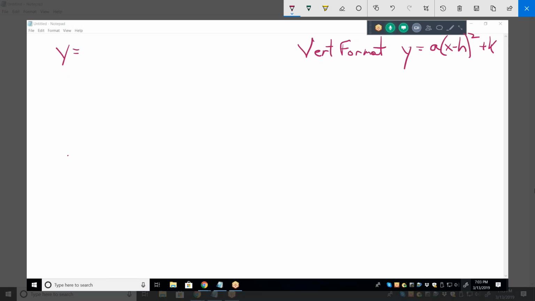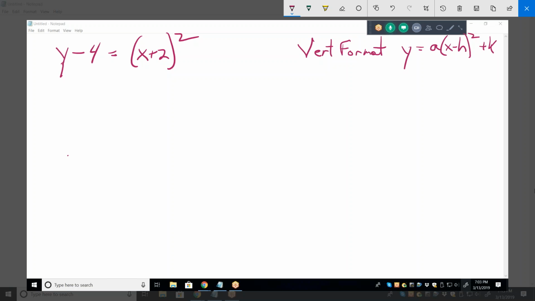Alright, so y minus 4 equals parentheses x plus 2 squared. What format is this in? Isn't that intercepts? It isn't.